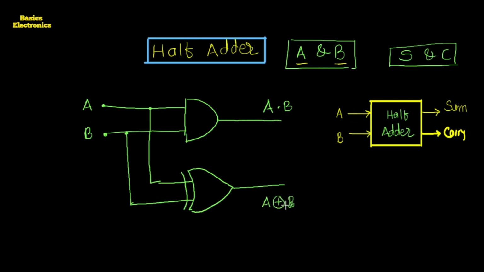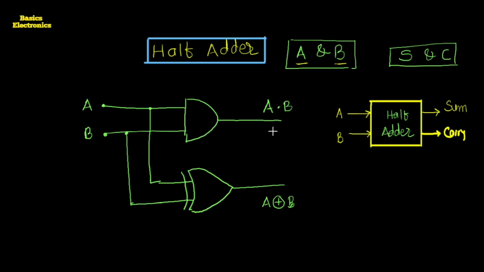Now instead of writing the output of the XOR gate as A bar B plus A B bar, we write down here the output, that is A XOR B. We write down A, then a plus sign, we circle the plus sign, and then we write down B. Okay, so the two outputs we got.